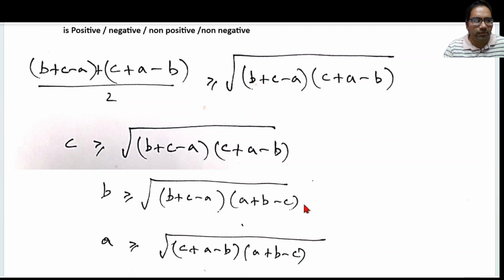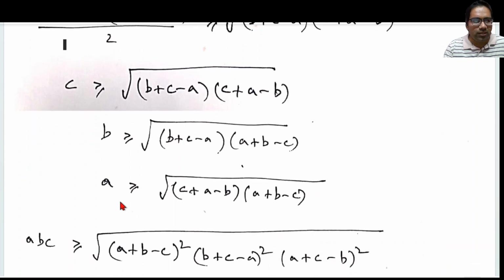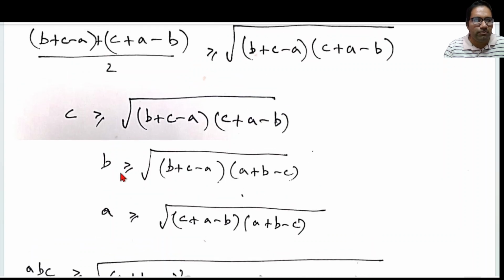The average of these two is 2b/2, so b is greater than or equal to the square root of (b + c - a)(a + b - c). Similarly, if we take the other two, then we will get a is greater than or equal to the square root of (c + a - b)(a + b - c). We are just doing arithmetic mean is greater than or equal to geometric mean. We are taking the arithmetic mean of these two here, which is a, and these two here, which is b.